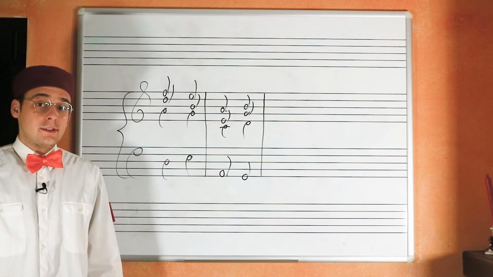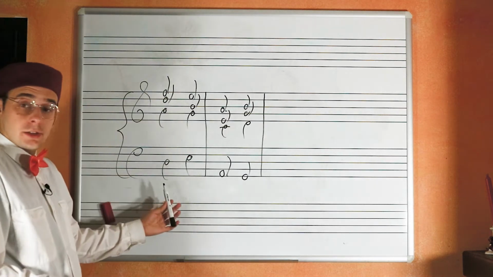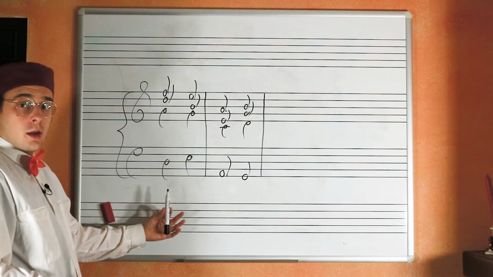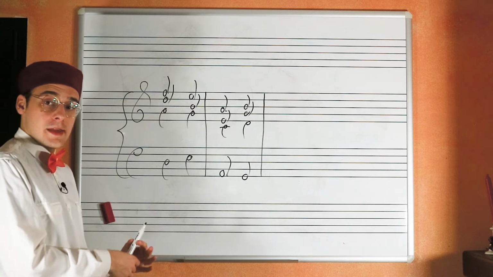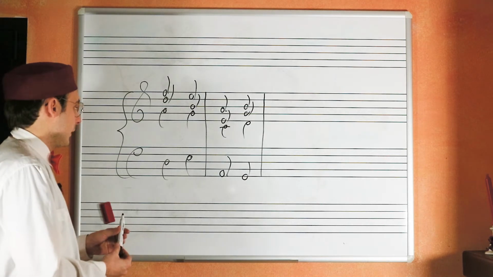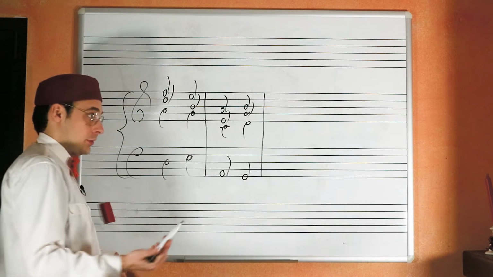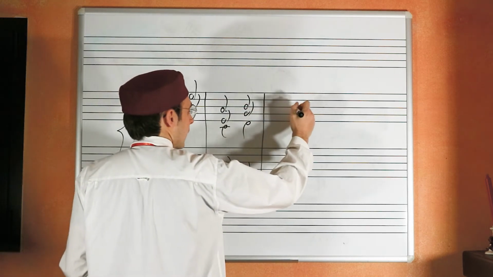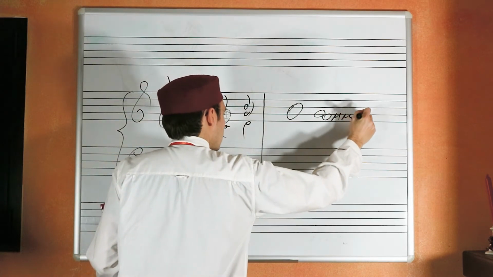In the third case, that is the last, I have the situation when the bass moves by step. So a stepwise bass. What do I have to do in this case? In this case, I have no common notes. So I don't have common notes, zero common notes.